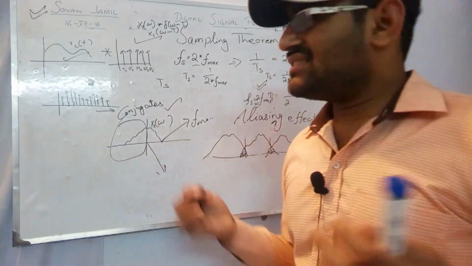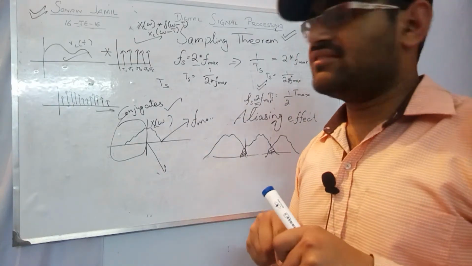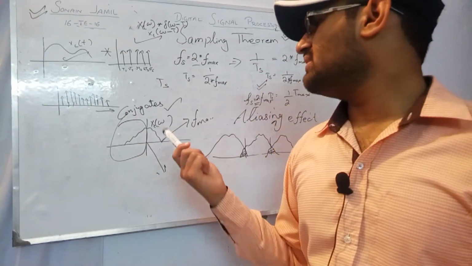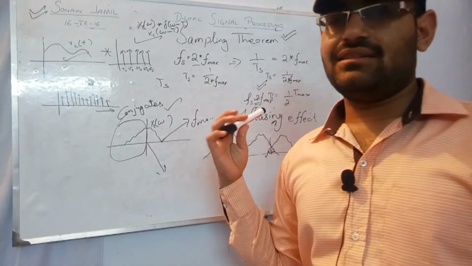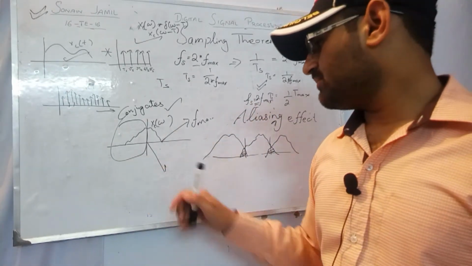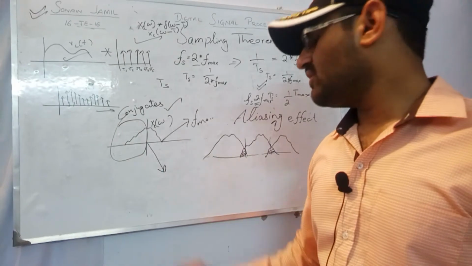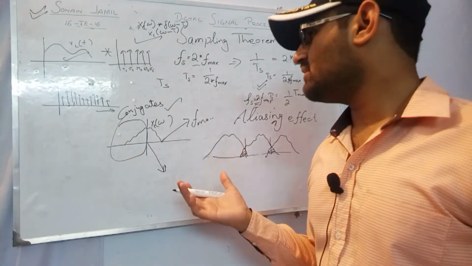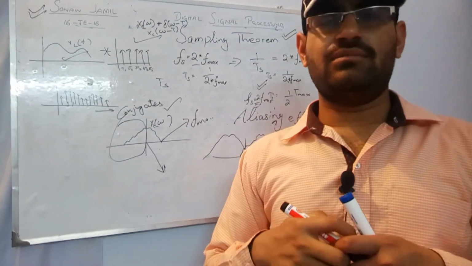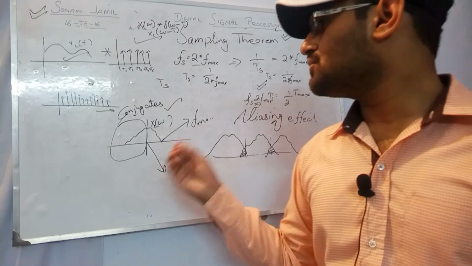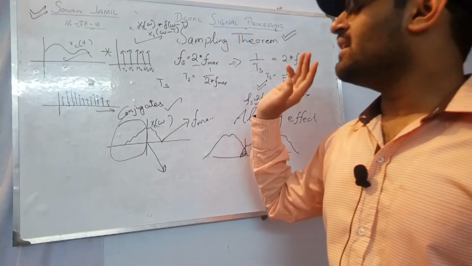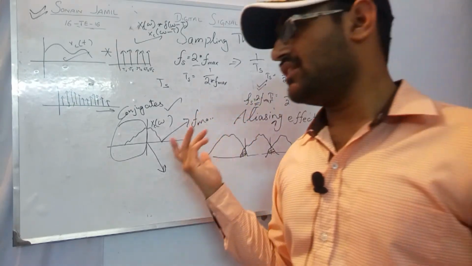How this aliasing or sampling frequency is being done, and what the effect of this is, we will see in detail in MATLAB in the next video. What I said in this lecture will be implemented in MATLAB in the next video, and I will show you how aliasing and sampling effects work.